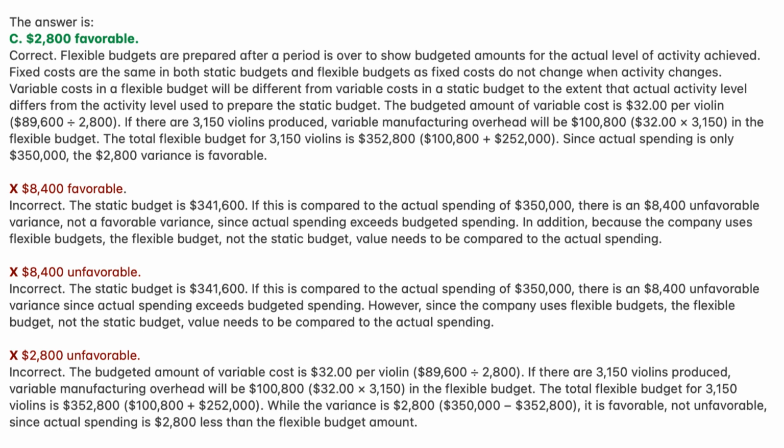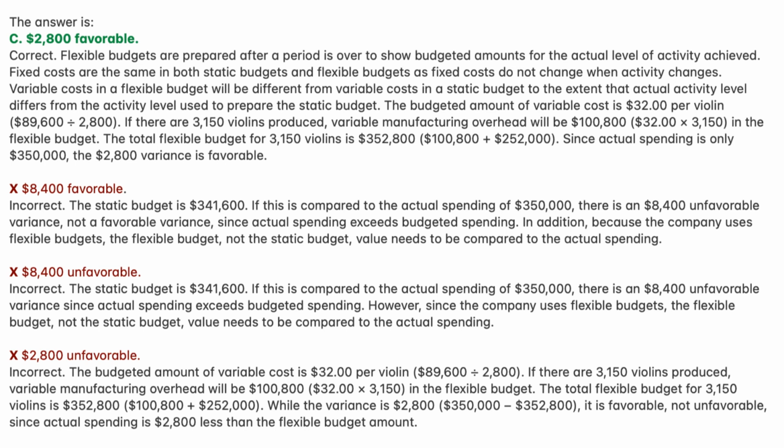The budgeted amount of variable cost is $32 per violin, $89,600 divided by 2,800. If there are 3,150 violins produced, variable manufacturing overhead will be $100,800, $32 times 3,150, in the flexible budget.